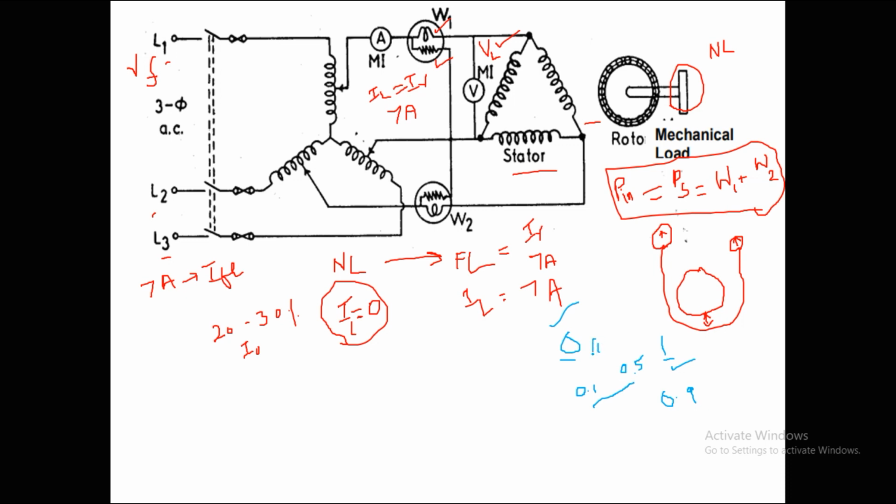So this is operation 1. For indicating such a low power factor in the 2 wattmeter method, one of the wattmeters is going to have a negative deflection. One wattmeter will have a positive deflection, and the other wattmeter will have a negative deflection.